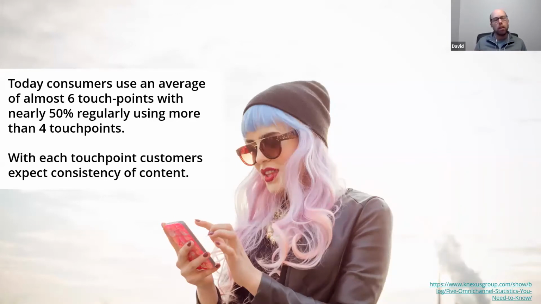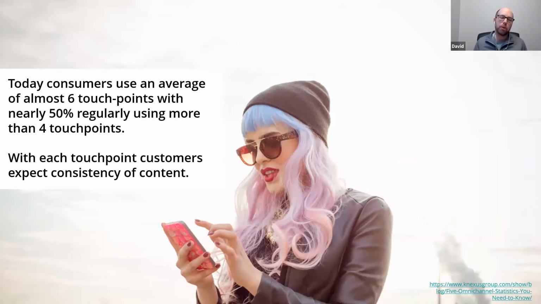We know consumers use a lot of touch points, but what research says is they use about 6 touch points a lot more often than they use 4. So when you say a lot, it really does mean a lot. It's not just hyperbole. And of course, within that, customers expect consistency at each one of those touch points.